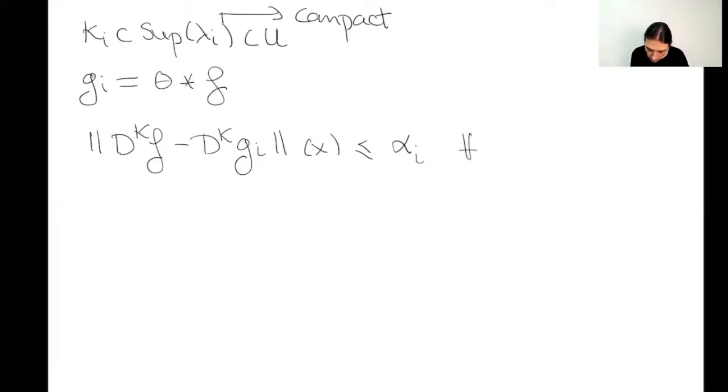And that's going to be for every x in Ki, for every i in the index set, and for every k between 0 and r, right?